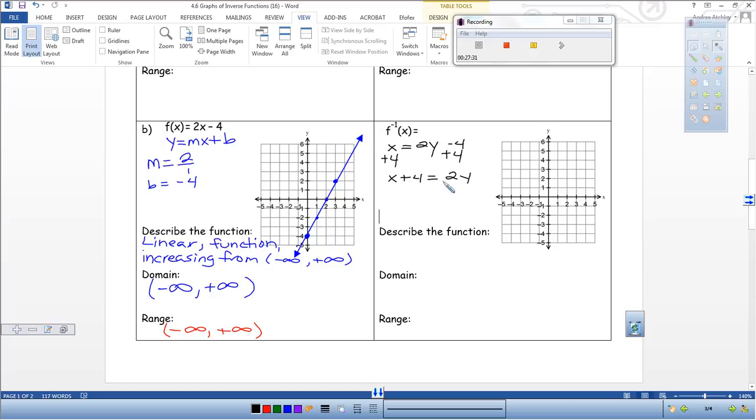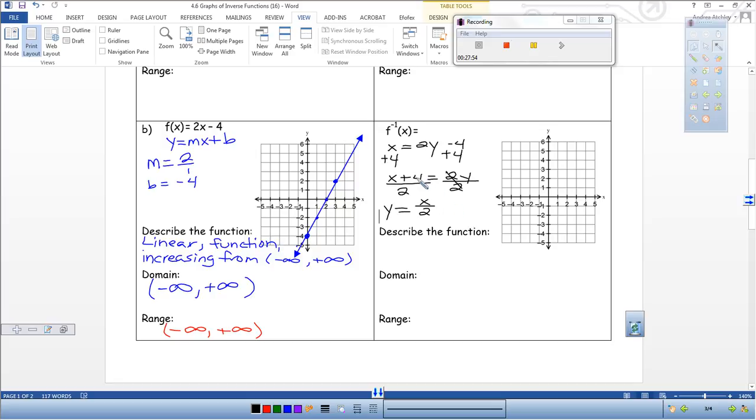Then after that, you're going to divide by 2 on this side. Okay, a lot of you got stuck here, because we actually want to graph this, so we want to divide this out. So I'm going to get y equals x over 2.